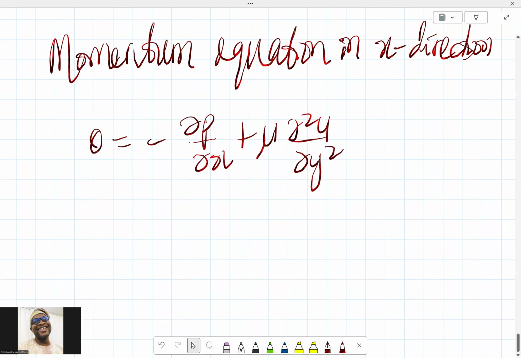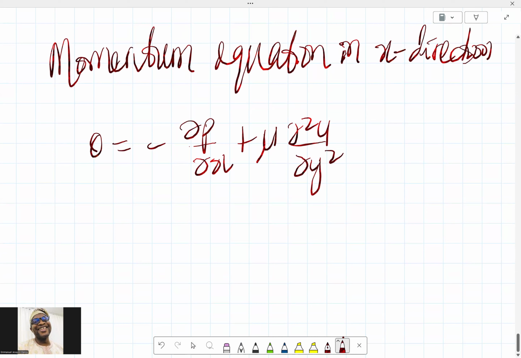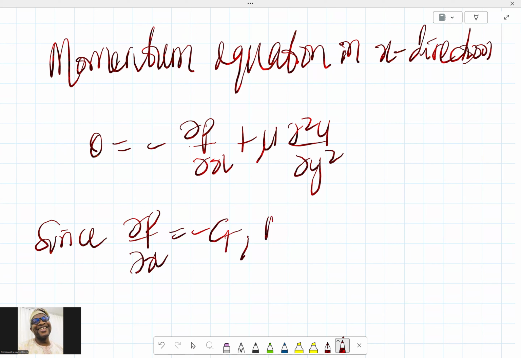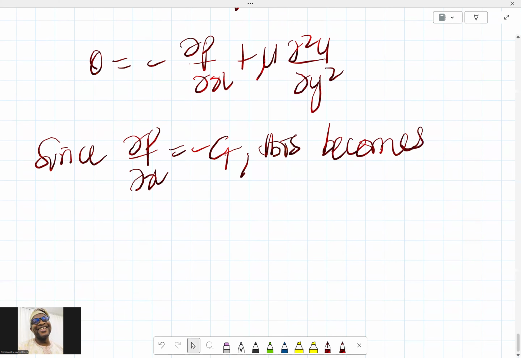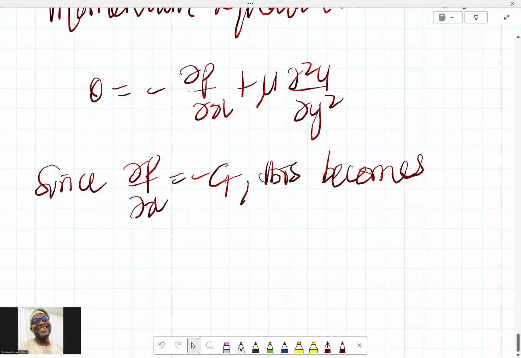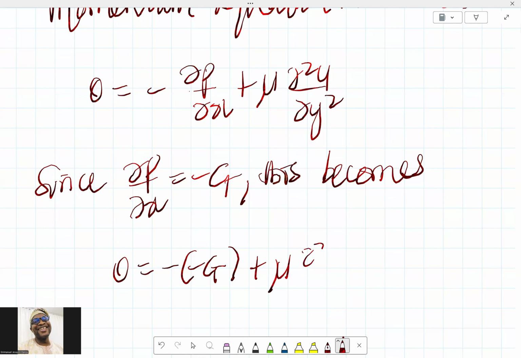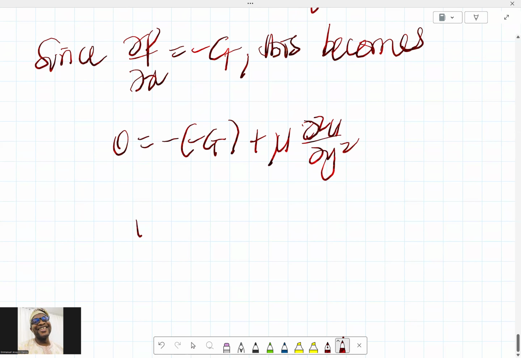Since dp dx is equal to minus G, this becomes 0 equals plus G plus mu d squared u dy squared.